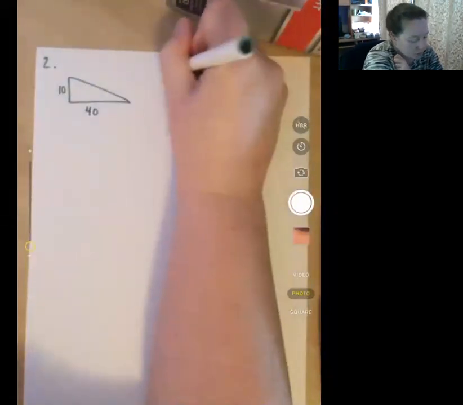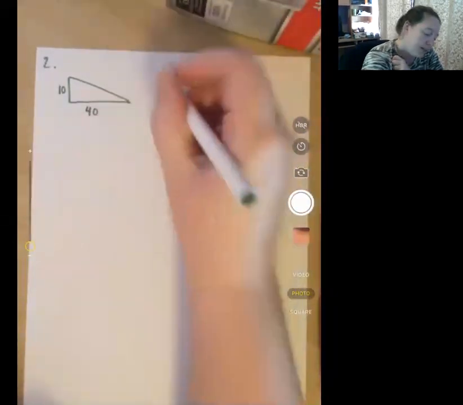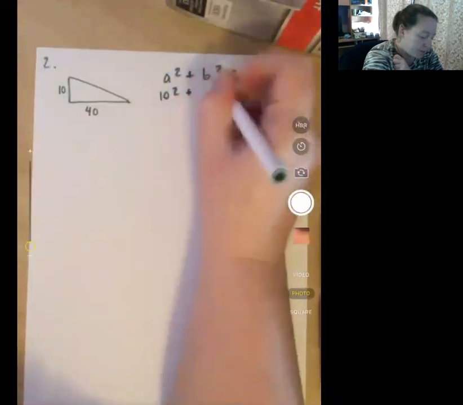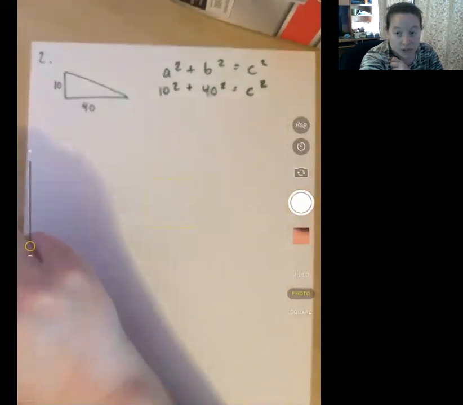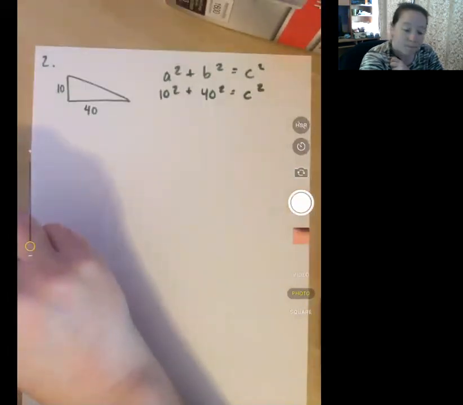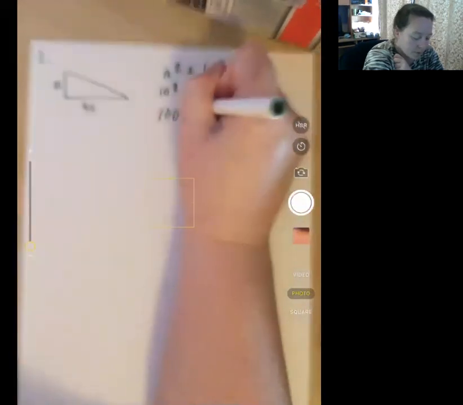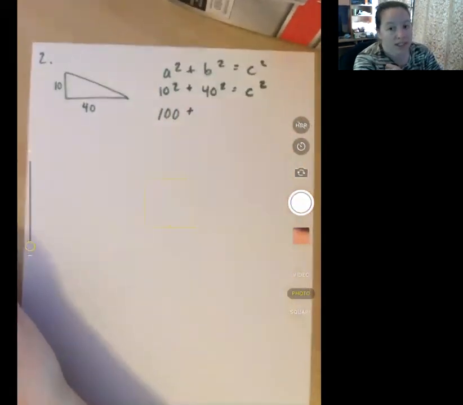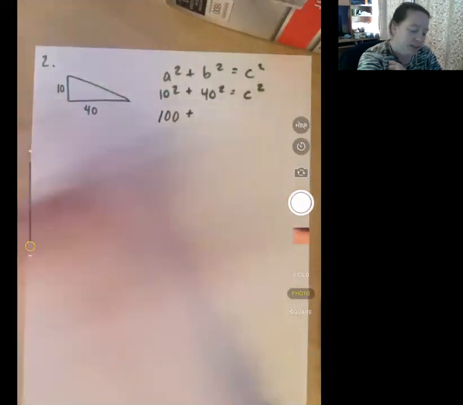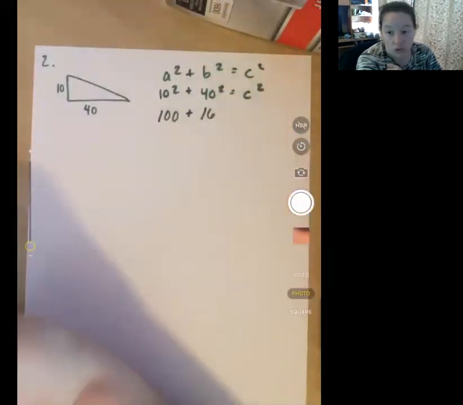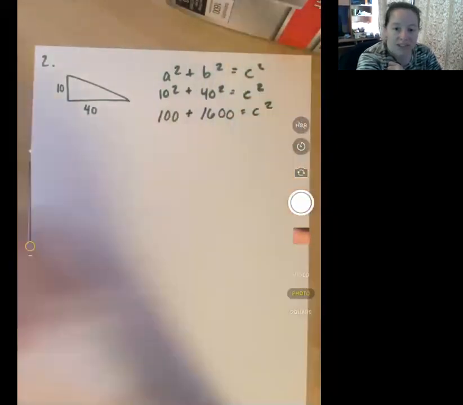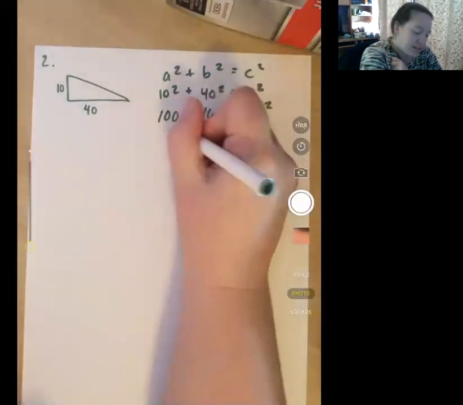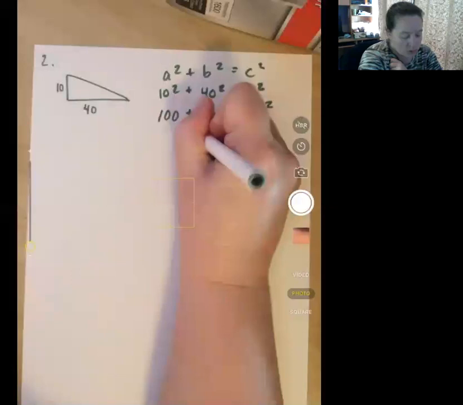A squared plus b squared is equal to c squared. A squared is 10 squared plus b squared, which is 40 squared, is equal to c squared. 10 squared is 10 times 10, which is 100, plus 40 squared is 4 times 4, 16, plus the extra 2 zeros, equals c squared. 100 plus 1600 is 1700, is equal to c squared.